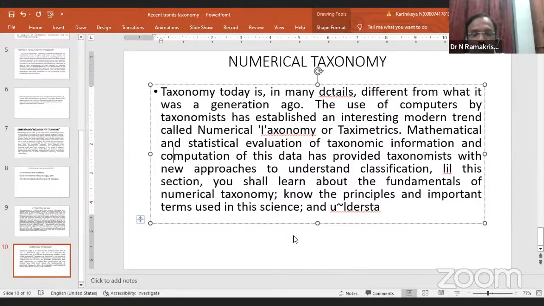These are all the points of recent trends of classification: anatomy, phylogeny, embryology, cytology, chemotaxonomy, numerical taxonomy, and molecular taxonomy.